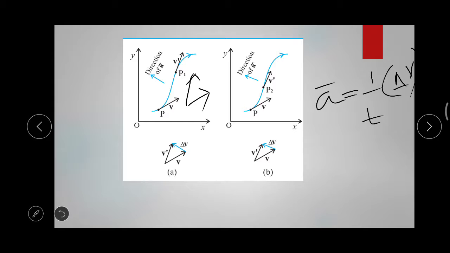So the delta v value will be coming like this. Actually, v plus delta v is v dash, so the head of v is joined with the tail of delta v, so v plus delta v will be equal to v dash.